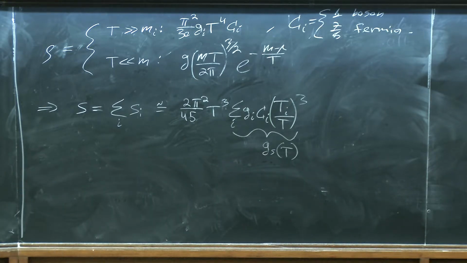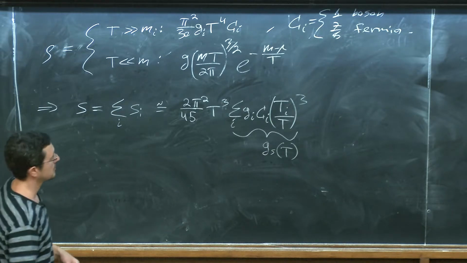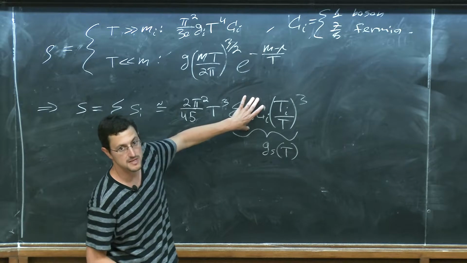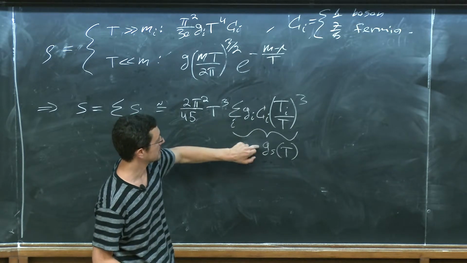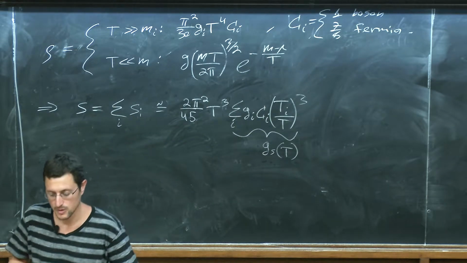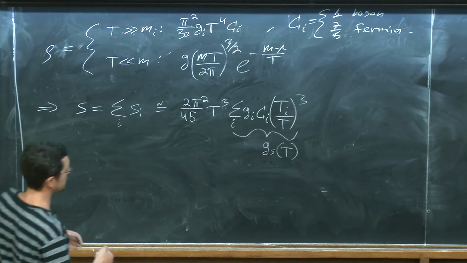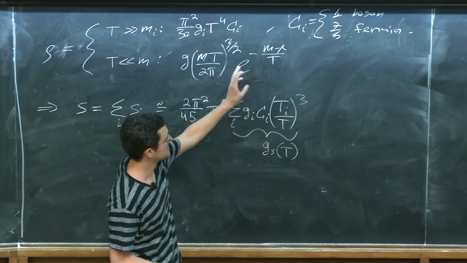But above the electron-positron mass, I have to add the electron and positron contribution to this sum. So g_s is a counter. It sums up all the particles that are in thermal contact and that are relativistic. Particles that are not relativistic are Boltzmann suppressed and are dropped out.